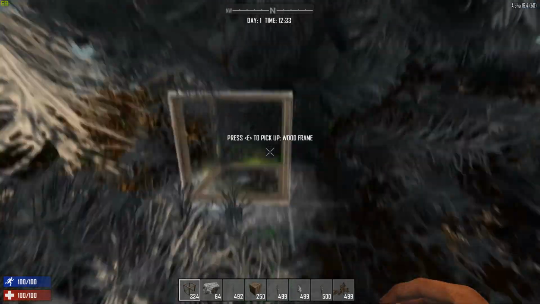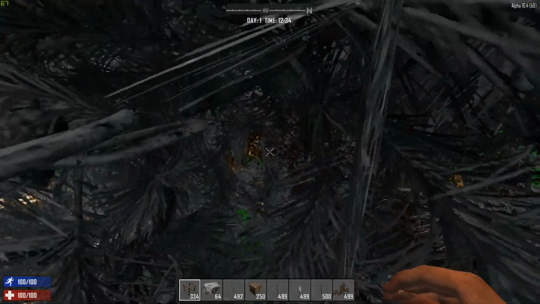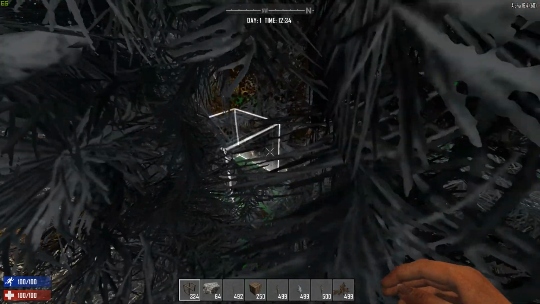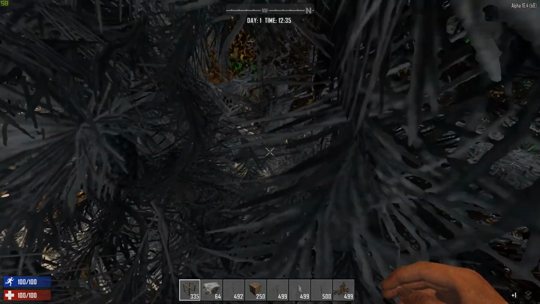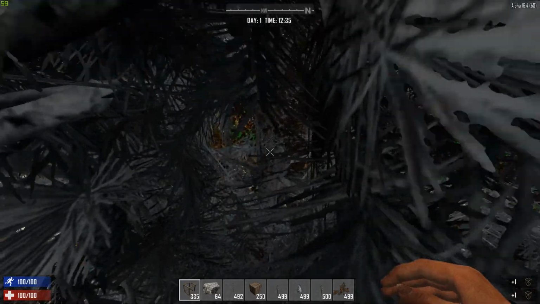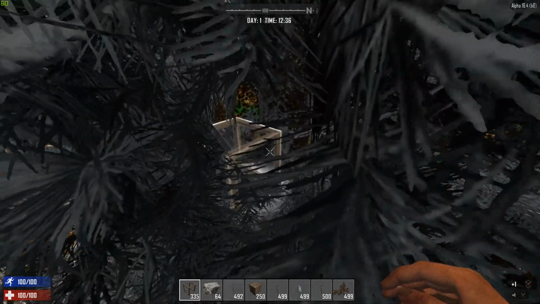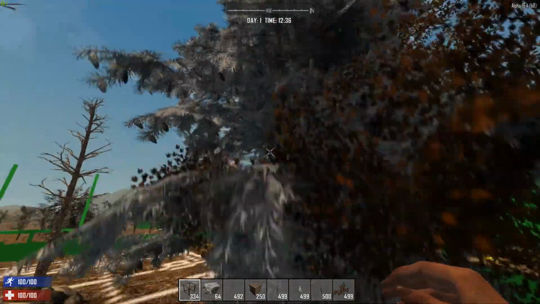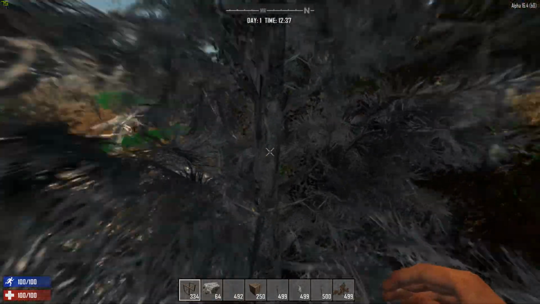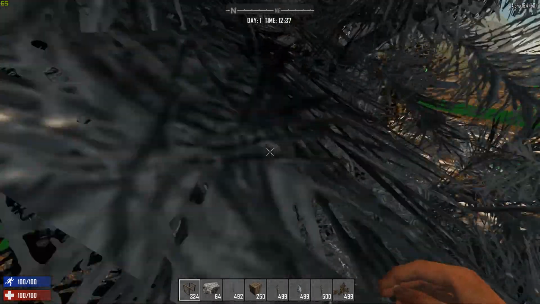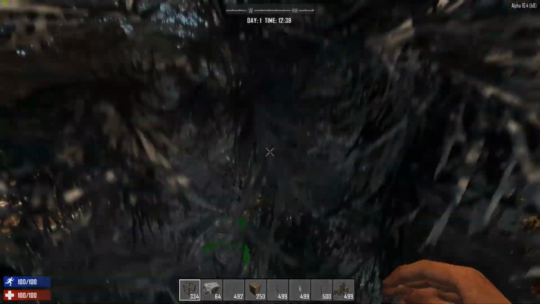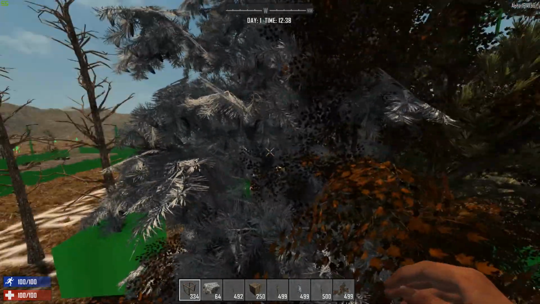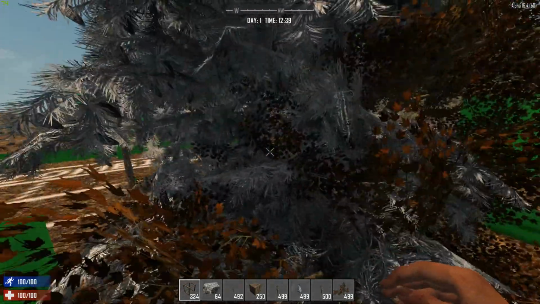Now on this tree here, you can perhaps get something a little bit higher. But targeting is difficult. Doesn't mean it's impossible, but it's a lot of trouble. Where is my block? I lost it here.